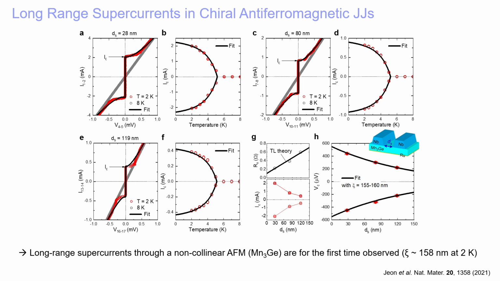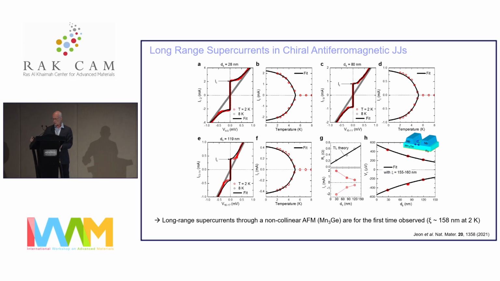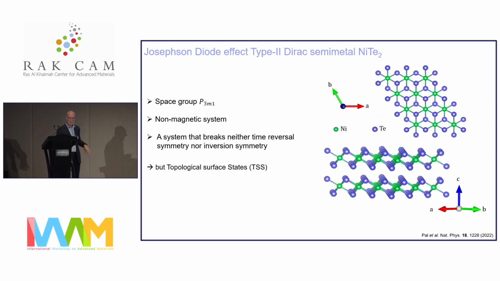So it's essentially similar to what was shown previously with these layers I showed you, which are oriented perpendicular to one another. This was the first time that it was demonstrated that other types of non-collinear spin structures can sustain superconductivity over long distances.